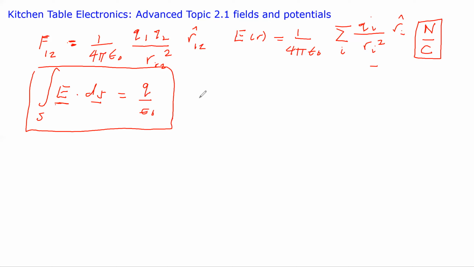We can put Gauss's law into differential form, where now, rather than the charge enclosed by some area, we consider the charge density at some point r.